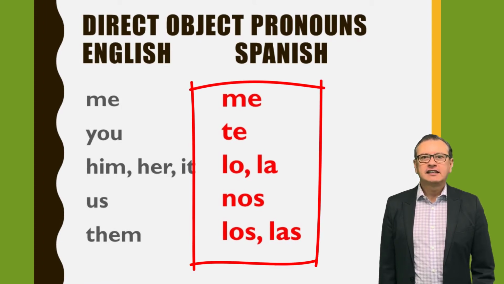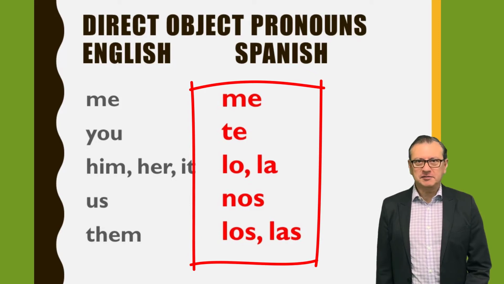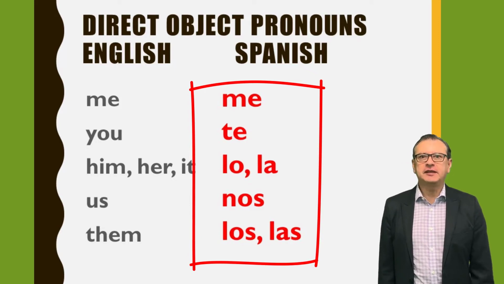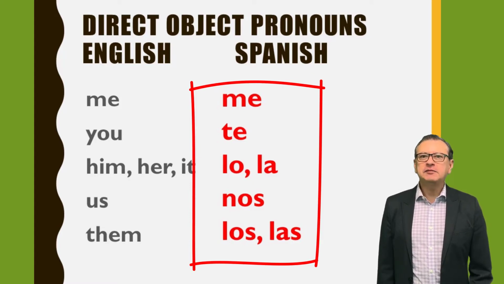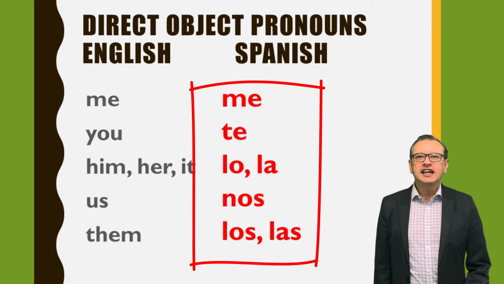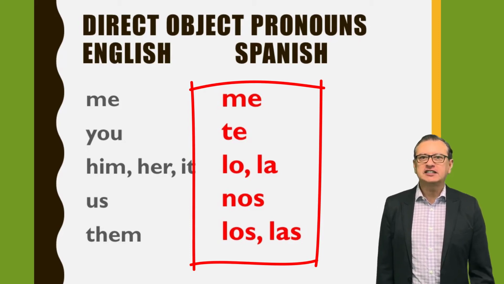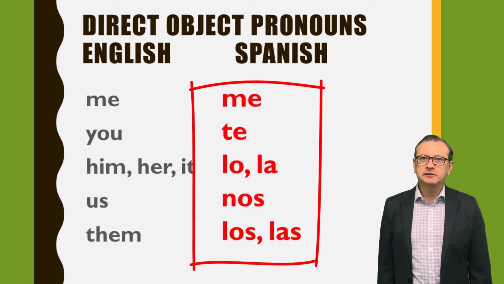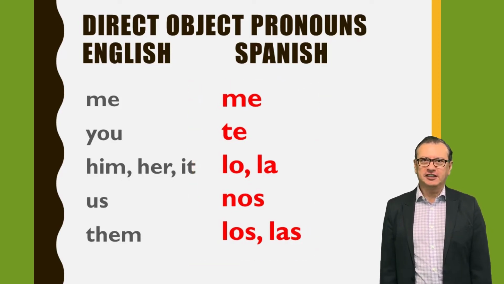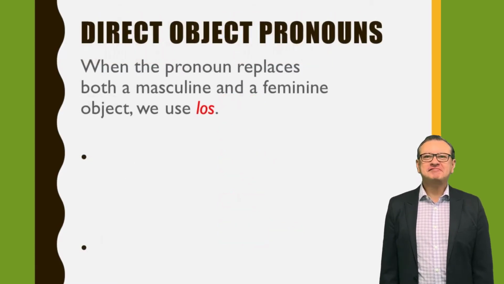Me, te, lo, or la, remember, lo for masculine, la for feminine, nos, and finally the plural, los and las. So keep this in mind because from now on, every time we see an object in Spanish, in the response or in the second sentence, the speaker is going to use a replacement, a direct object pronoun. Very good. Are you ready to continue?